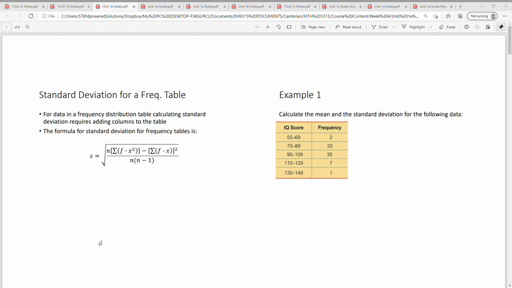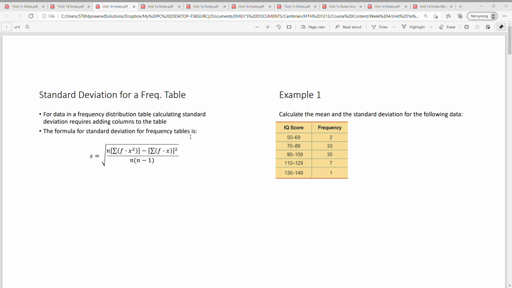I'm going to add one more row to the bottom for my total.